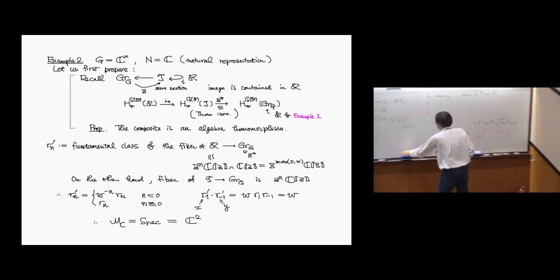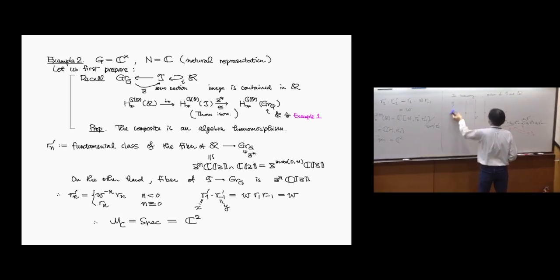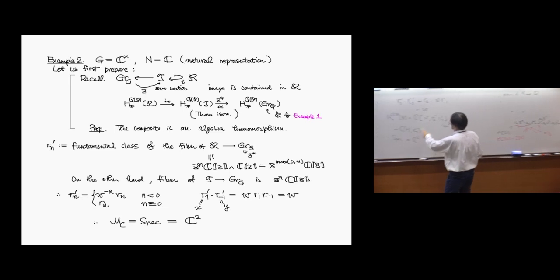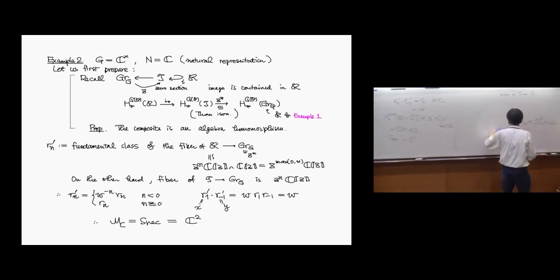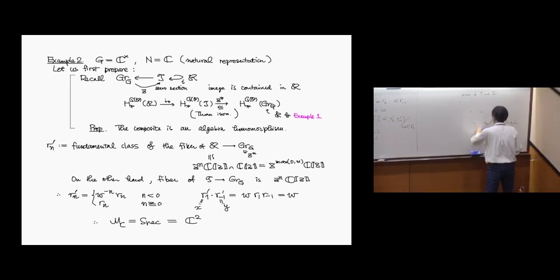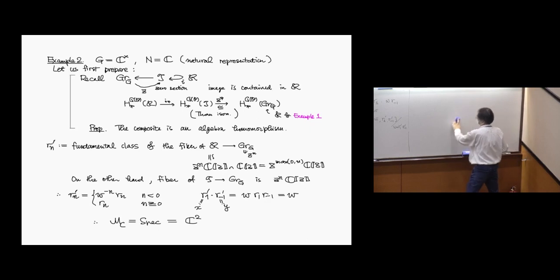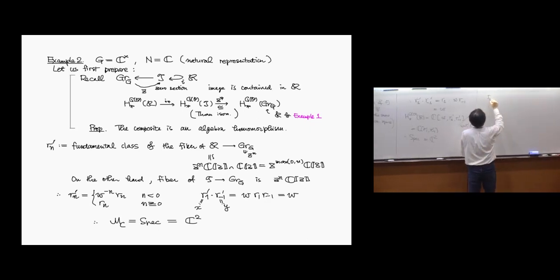And I need to consider the integrable system. I mean, the quantization is, maybe I forgot to mention that. In the first example, the integrable system is just taking this double component. So it is too easy, so I don't explain that. The integrable system is defined by what?